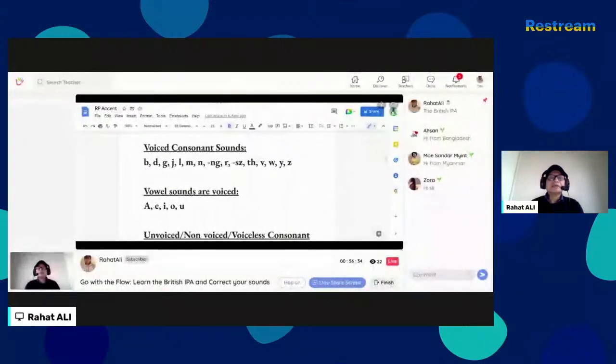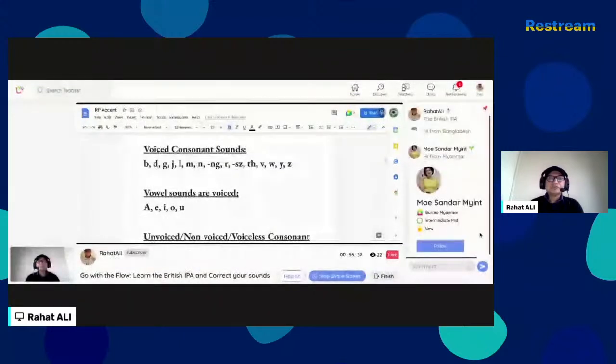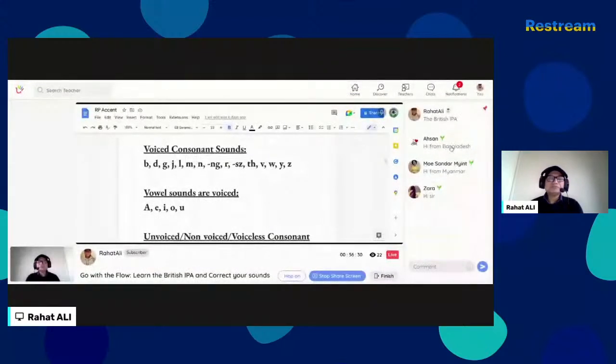Before that, recapping, voiced consonant sounds are B, D, G, J, L, M, N, and the cluster NG, R, TH, V, W, Y, Z, or Z from the American English.